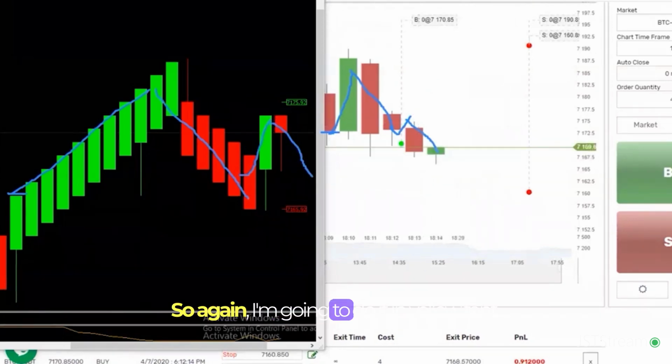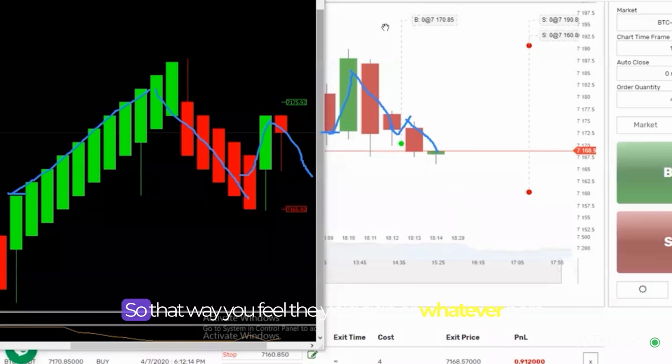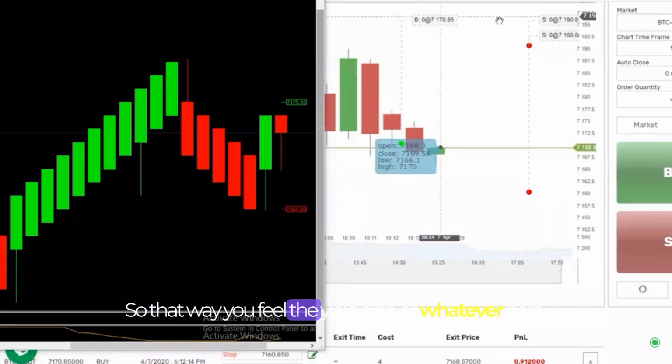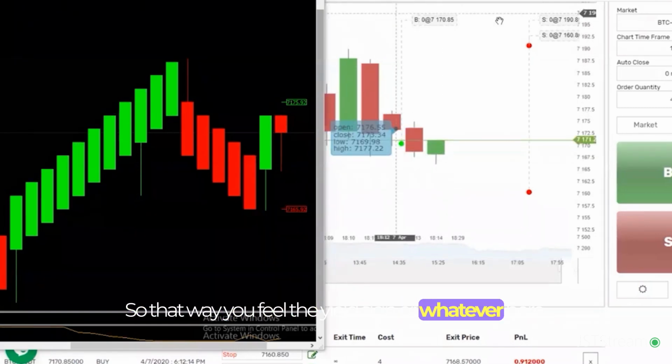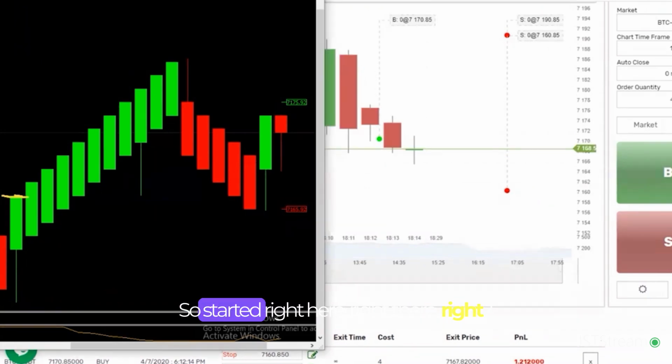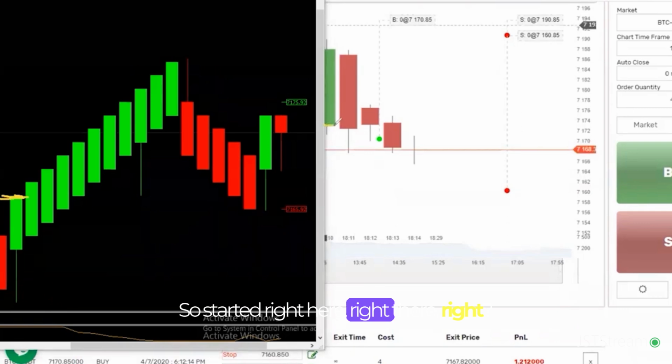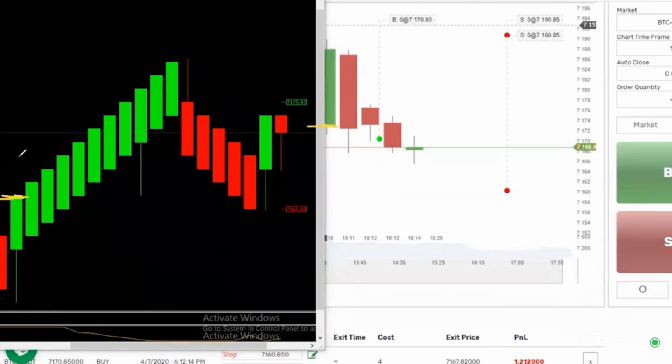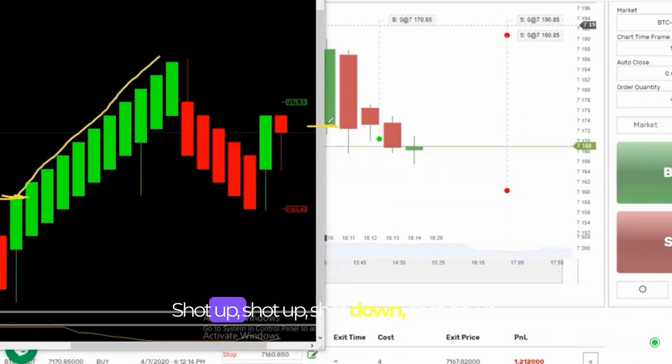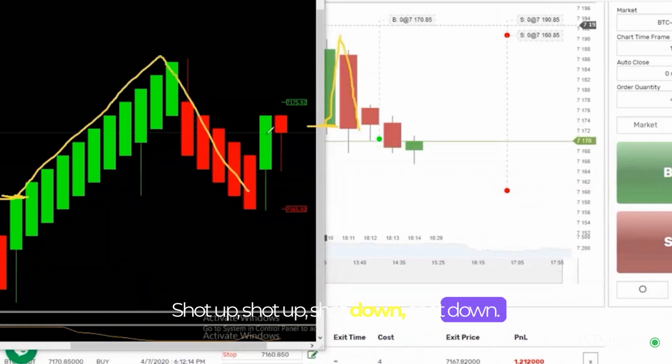So again, I'm going to do it in yellow font, so that way you feel the yield sign or whatever. Here, so it started right here, right there, right? Shot up, shot up, shot down, shot down.